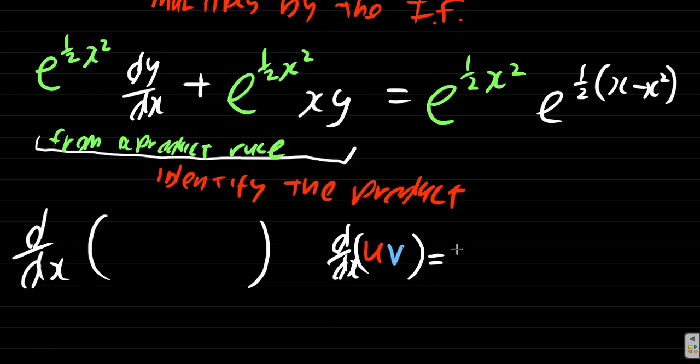You hold u as it is, times the derivative of v with respect to x, plus you hold v as it is, times the derivative of u with respect to x.